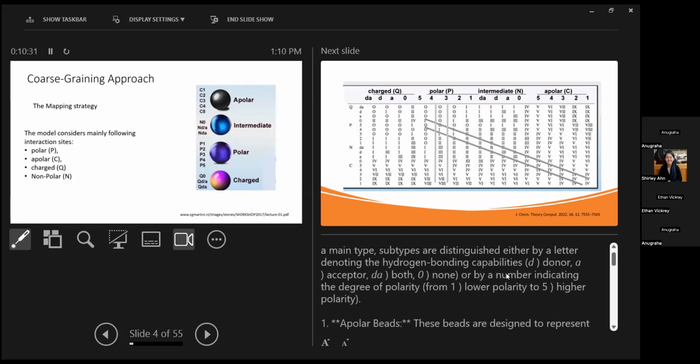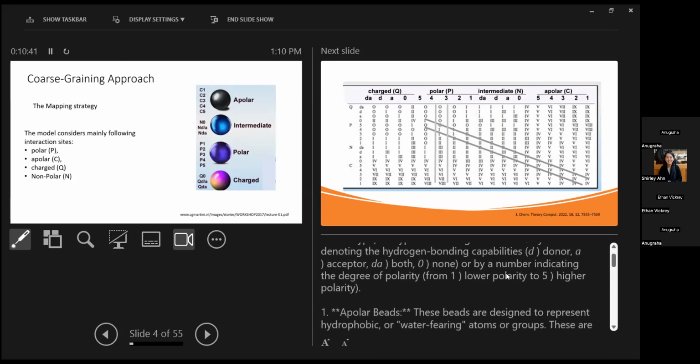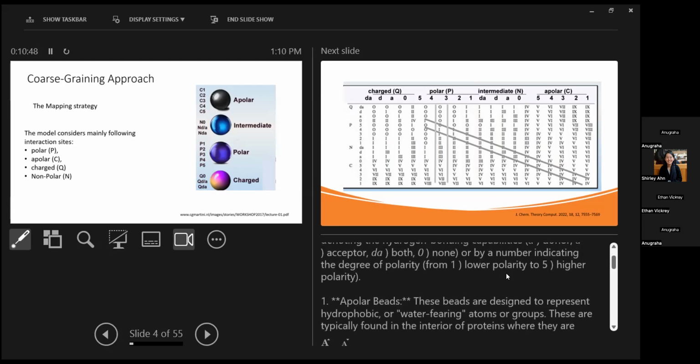We can distinguish between hydrogen bonding capabilities. For example, donor and acceptor have different chemical groups. And the degree of polarity is also varied from P1 to P5, with P1 being lower degree of polarity compared to P5.